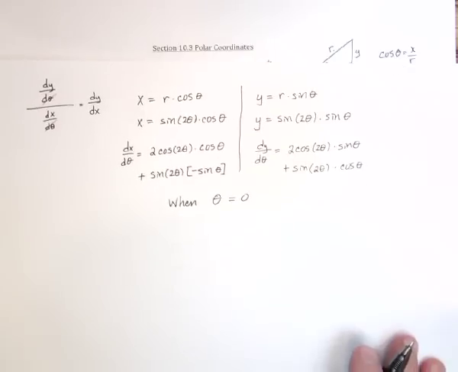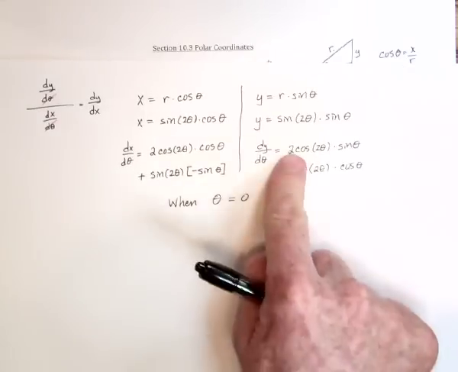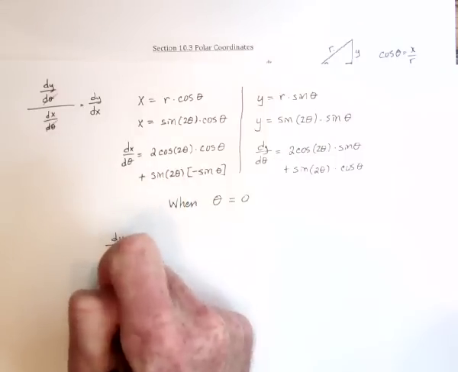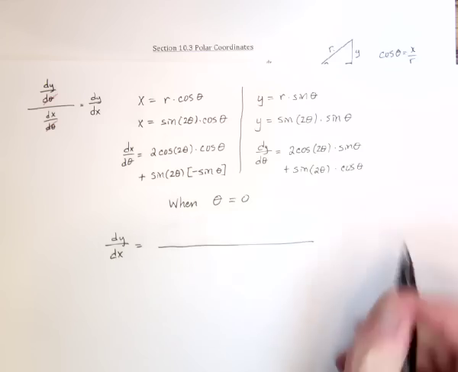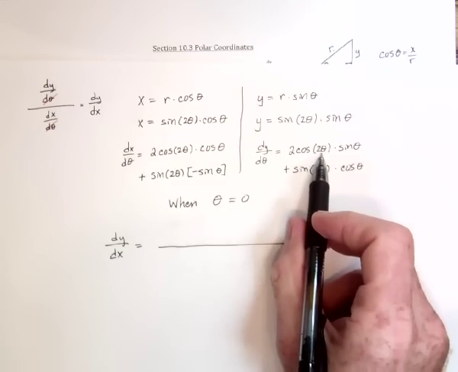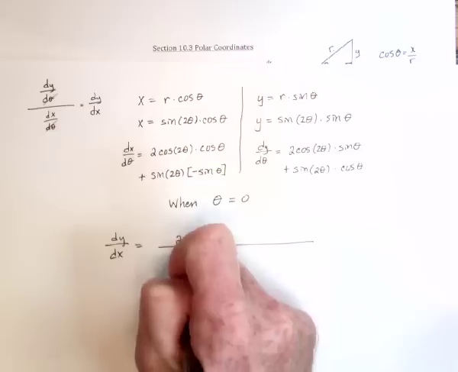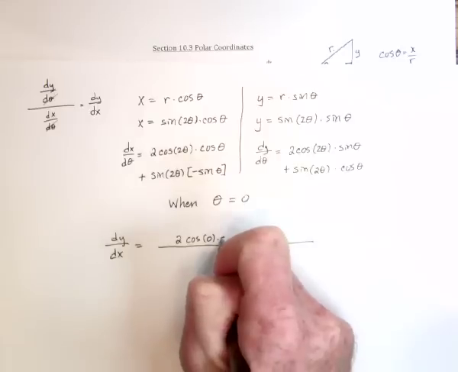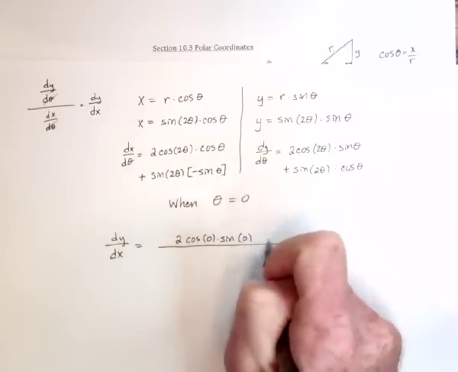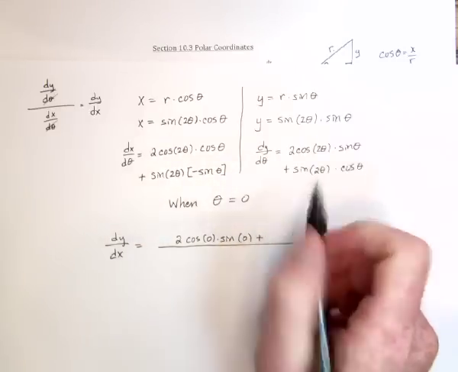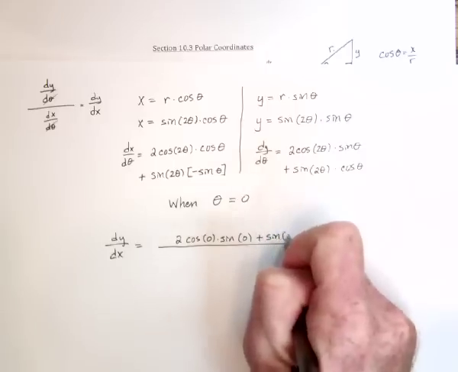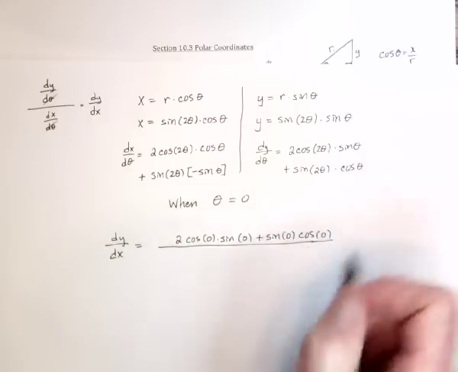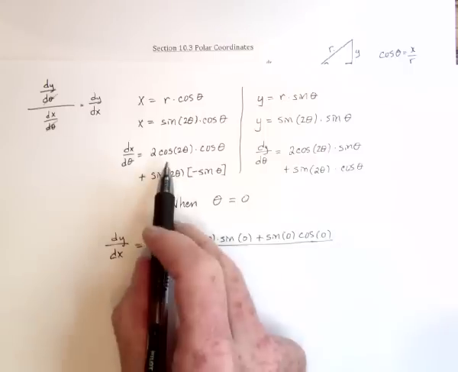So we would then have dy over dx. So dy over dx is going to equal, so here we're going to use zeros. So 2 cosine of 0 times sine of 0 plus, now use 0, so sine of 0 cosine of 0. Then dx.